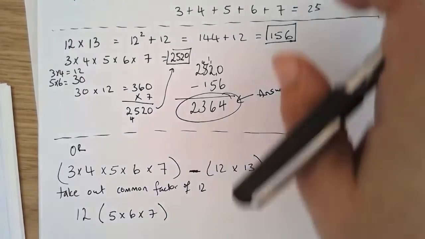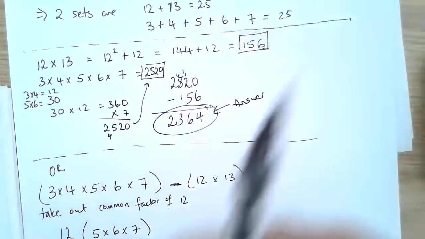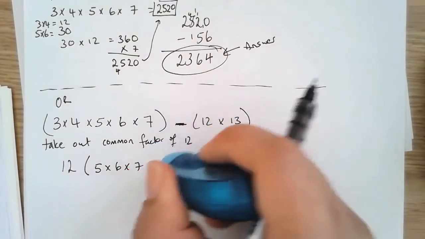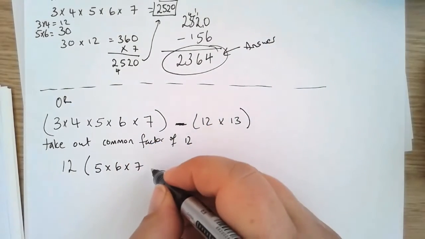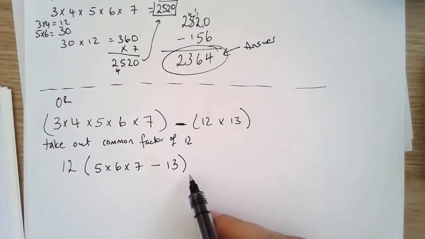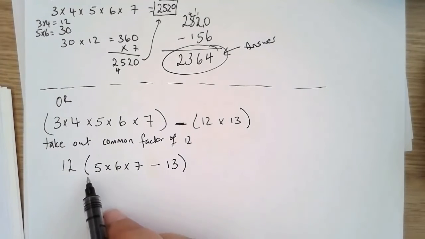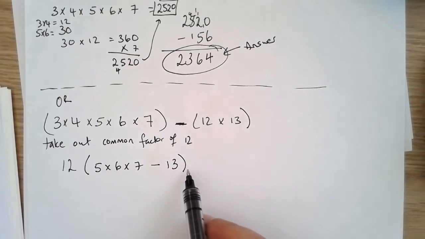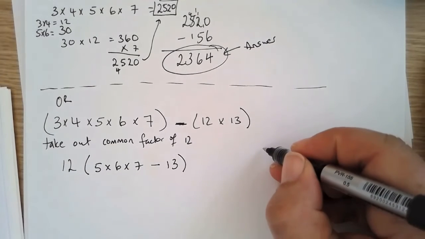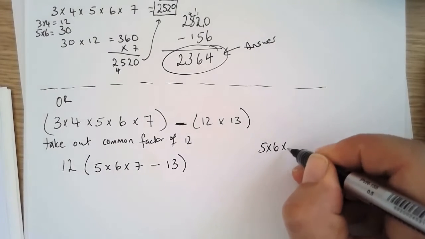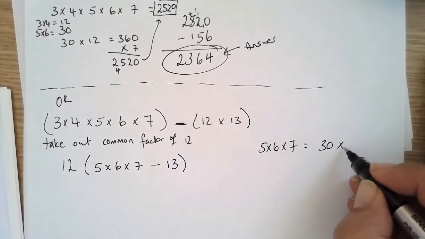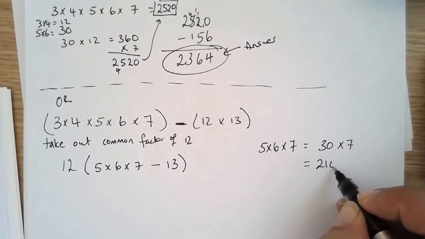Oh, no, I don't want to close that bracket quite yet. And then I want to subtract 13. I call them brackets, you might call them parentheses. That's what I mean, these parentheses around the outside. 5 multiplied by 6 multiplied by 7. Now that makes it a lot easier, because 5 multiplied by 6 is 30, multiplied by 7 makes 210.